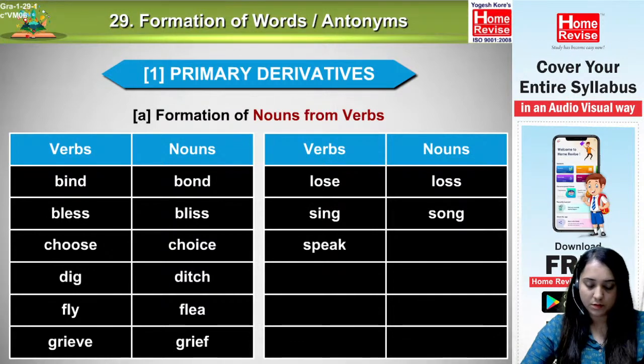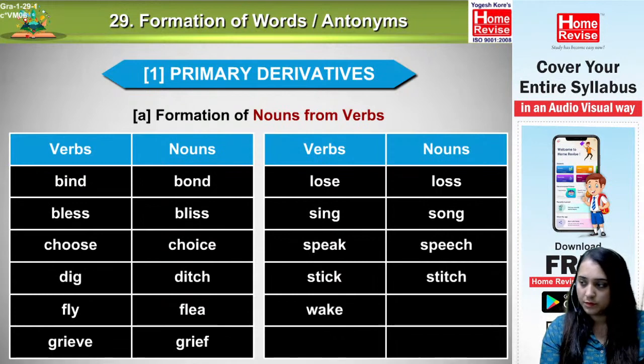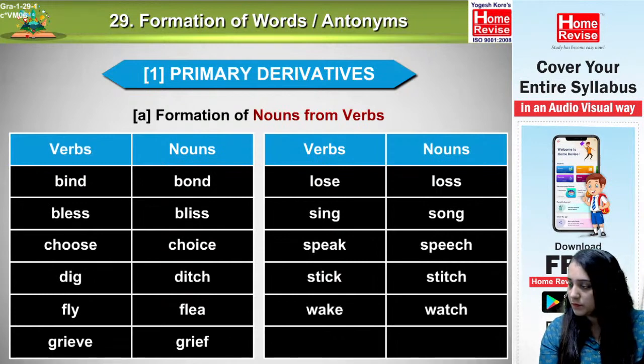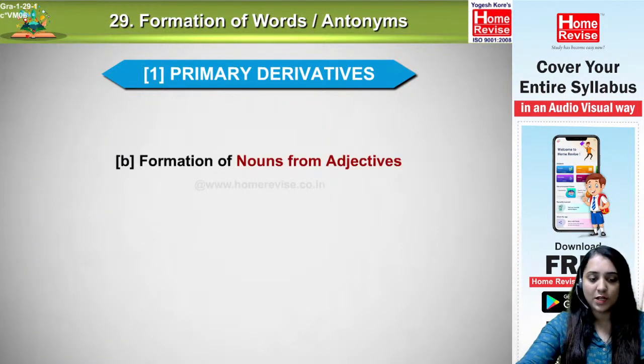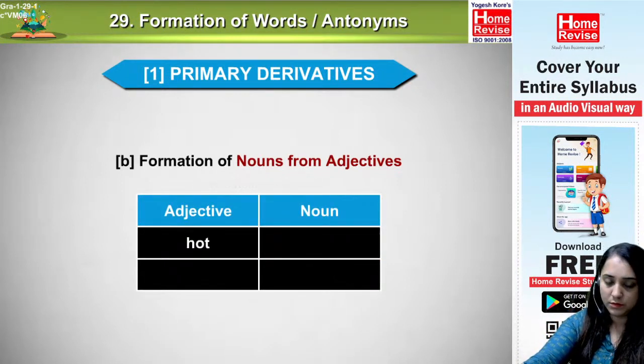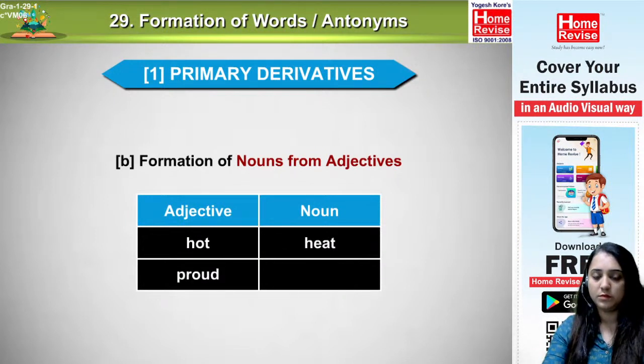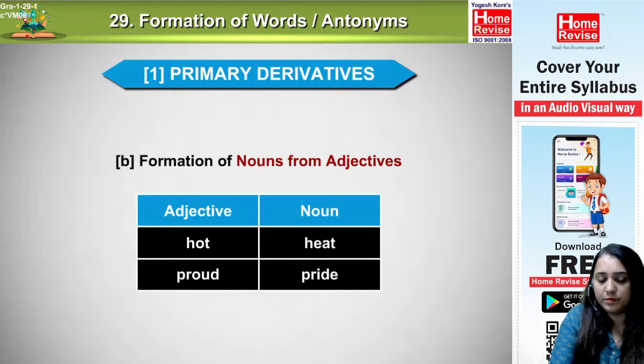Speak, speech. Stick, stitch. Wake, watch. Weave, web. Okay, so now let's move on to the formation of nouns from the adjectives. The adjective hot becomes noun heat. Adjective proud becomes noun pride.